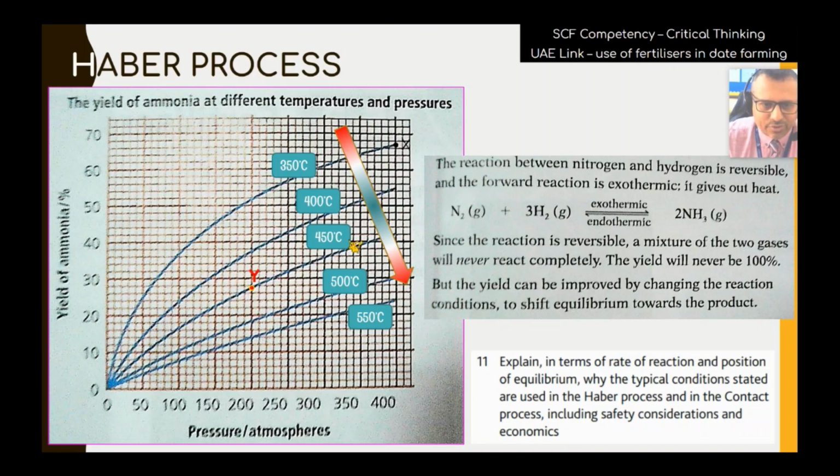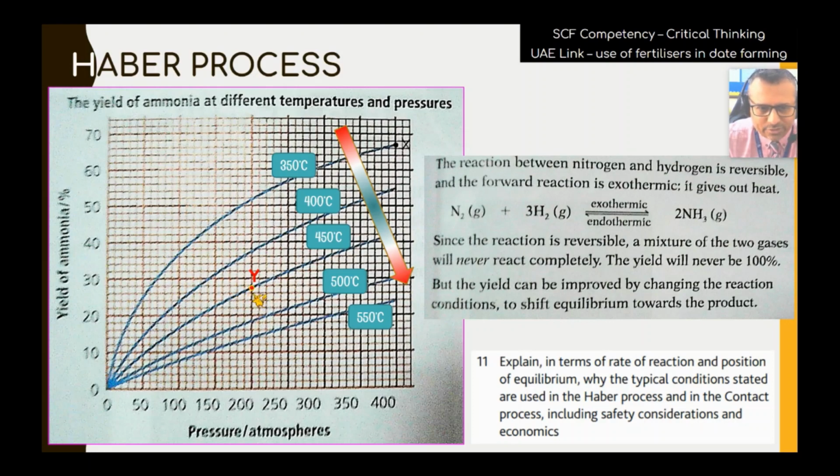So if we have a look at this graph over here, there are set temperatures that you could fix for your reactions. Let's focus on the 450 degrees centigrade that is chosen for the Haber process. In actual fact, the conditions are the same as the conditions you can see over here, where I have given the letter Y. Now, 450 degrees centigrade is over here, and this is talking about the yield of ammonia.